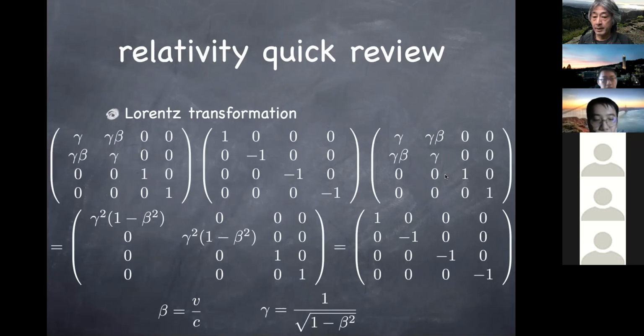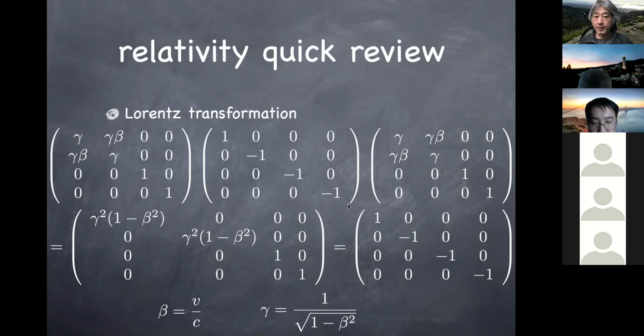I see. Okay. And the precise form, I mean, this isn't a completely arbitrary tensor, right? So we have this particular structure of this transformation tensor, with beta and gamma.